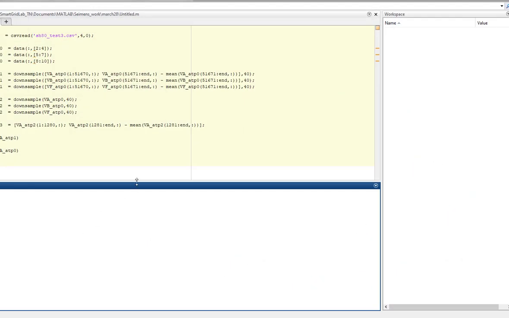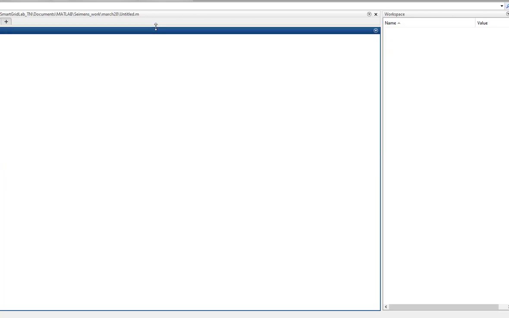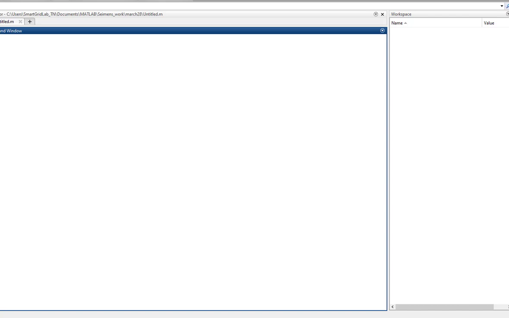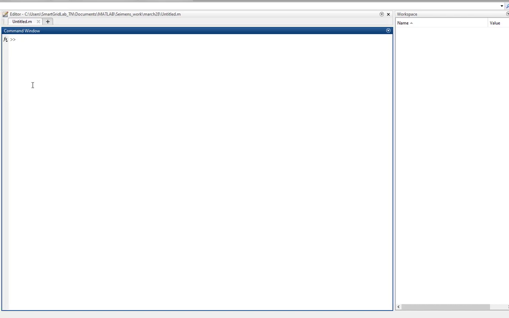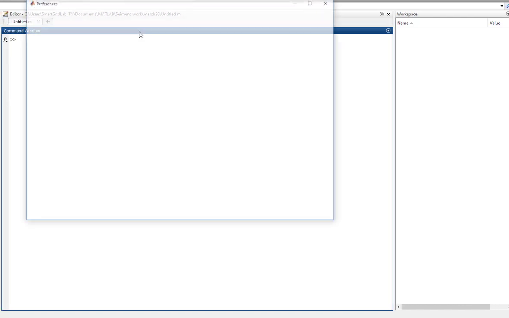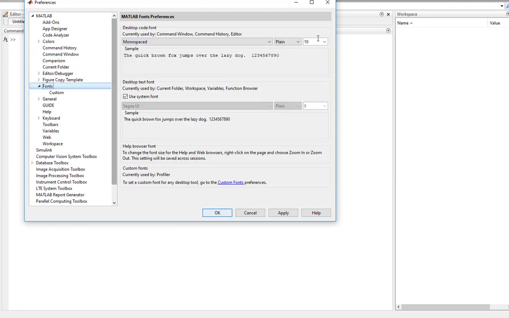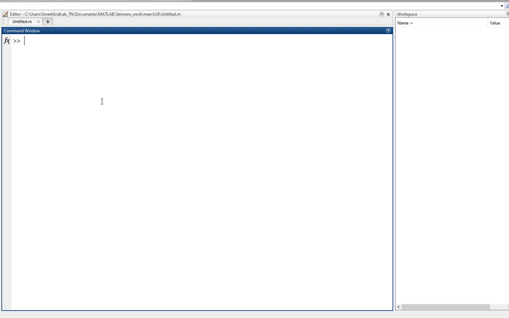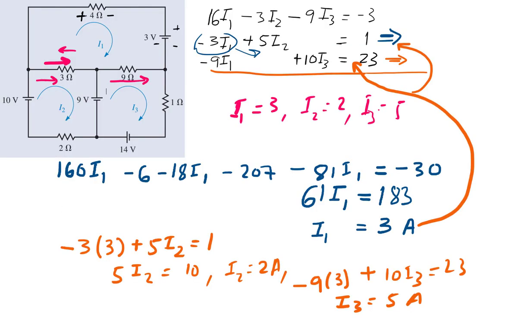So here is Matlab, and just to show you how you can solve this equation, I'll just change the font, make it a little bit bigger. Okay, so we say that the augmented matrix A equals this augmented matrix in the problem.